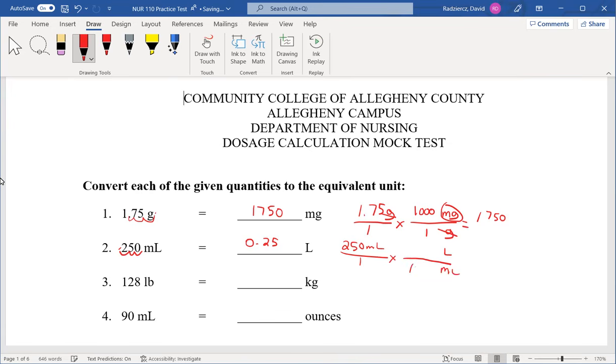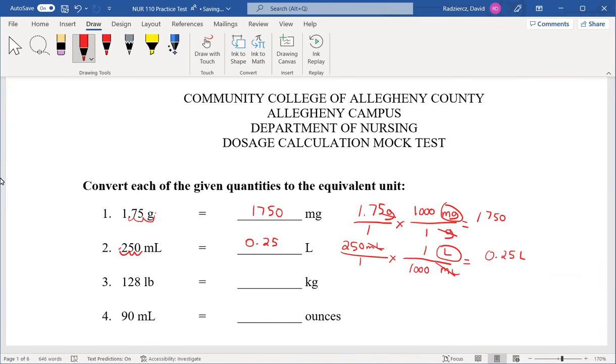You know that there's 1,000 milliliters in a liter. Notice that the 1,000 is the consistent thing here, but the difference is the unit of measure. So we get rid of the milliliters, we're left with what we're looking for, liters, and we get an answer of 0.25 liters.